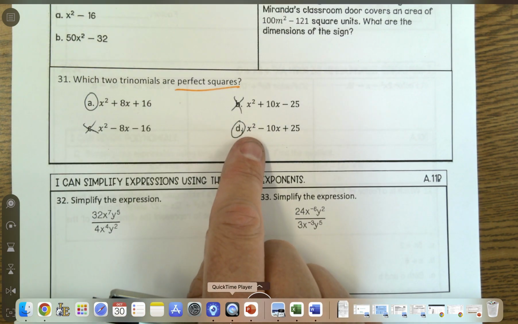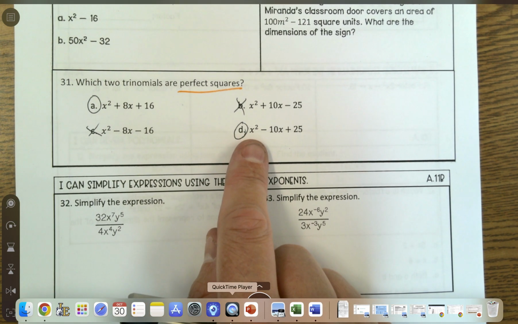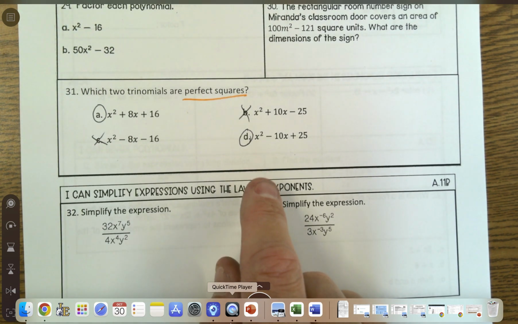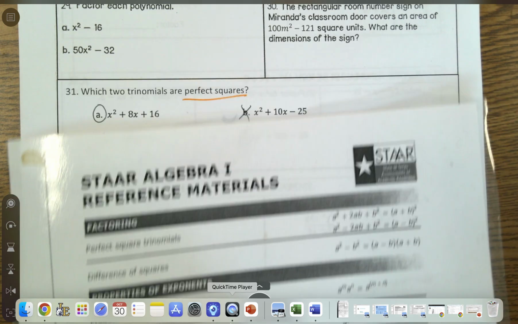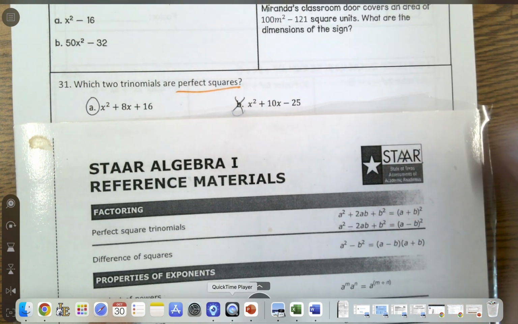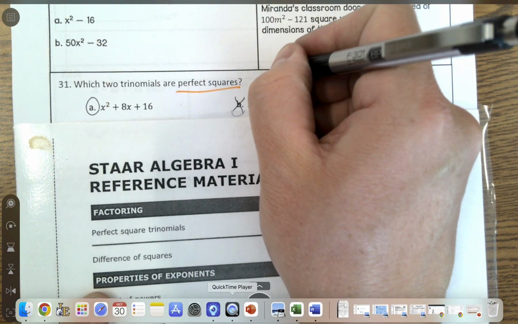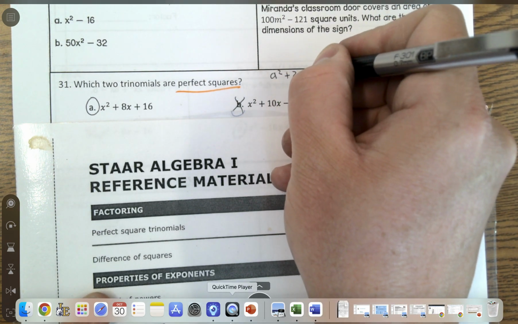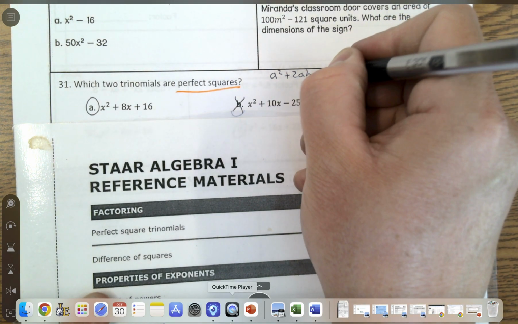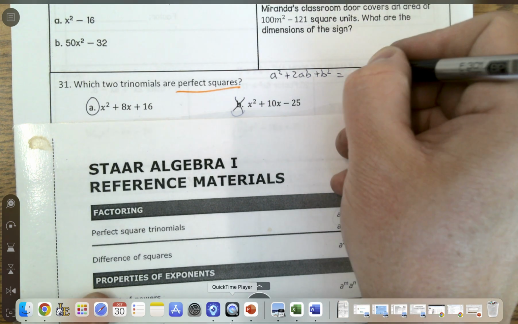But if we want to go a little bit further, we can look at the original equations, and I'm going to write them down so I don't have to keep looking back and forth. And you can write these down if you want to. We have a squared plus 2ab plus b squared equals a plus b squared.